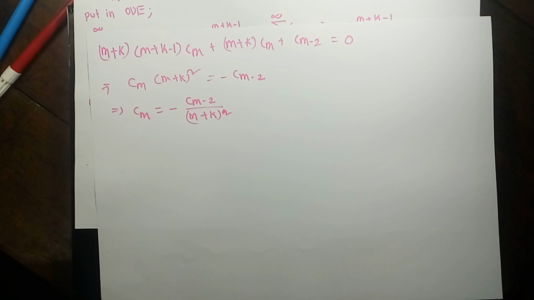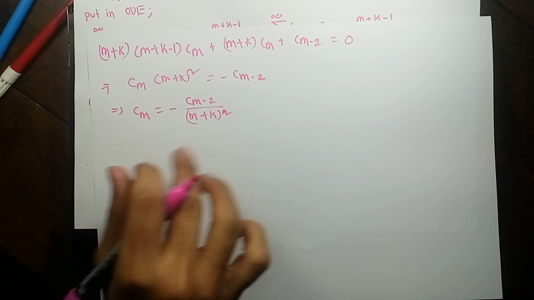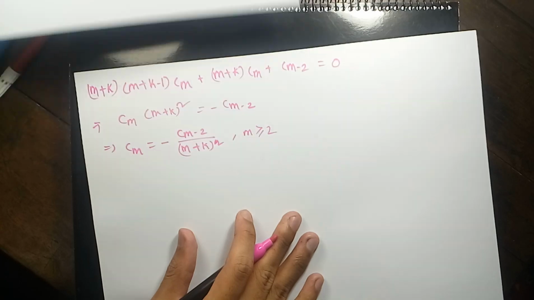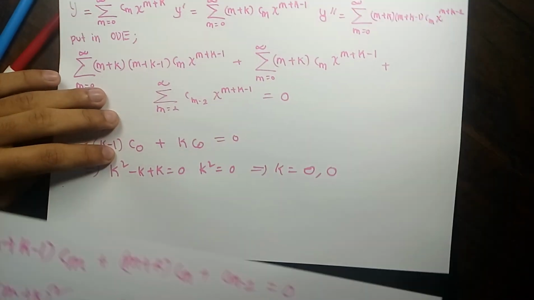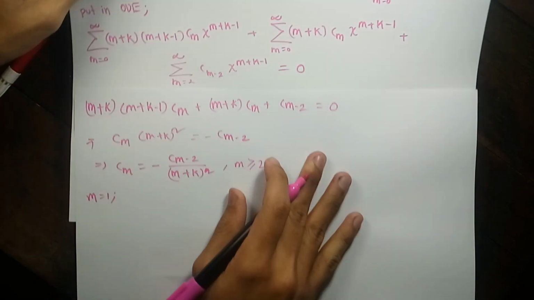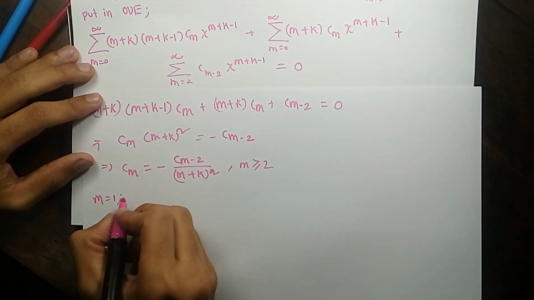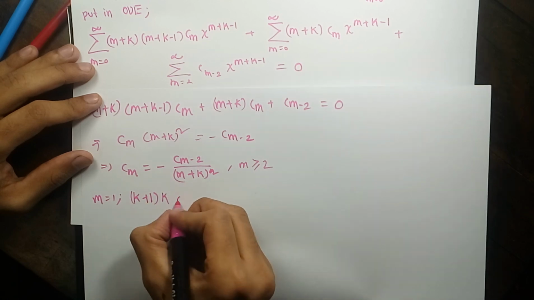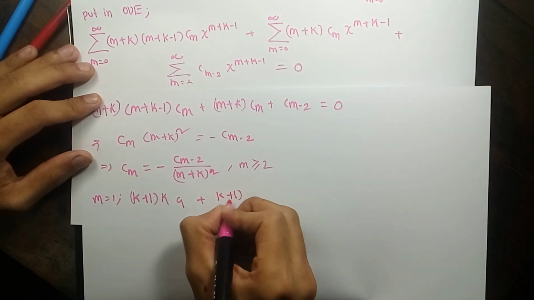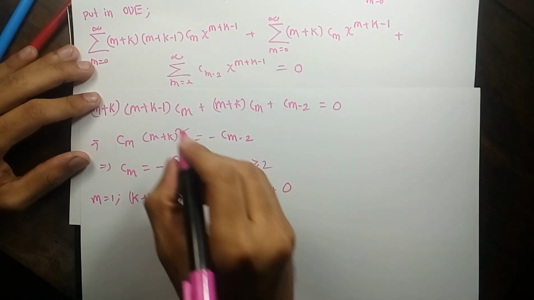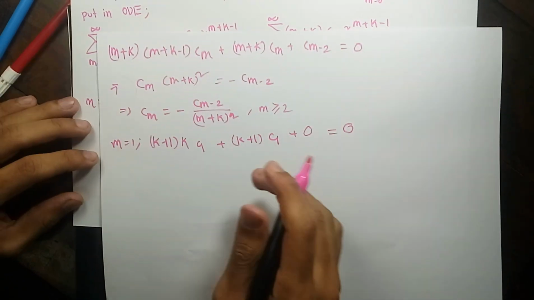If you remember, the third step was to see if any of the coefficients cannot be evaluated from the recurrence relation. C1 cannot be evaluated from the recurrence relation, so we have to find out C1 analytically from this equation. For that we have to put m equals to 1, because that's how only we can find out C1. M equals to 1 gives me k plus 1 and then k plus 1 minus 1, that gives k. C1 plus k plus 1 C1, and this term doesn't contribute because the index starts from m equals to 2, equals to 0.